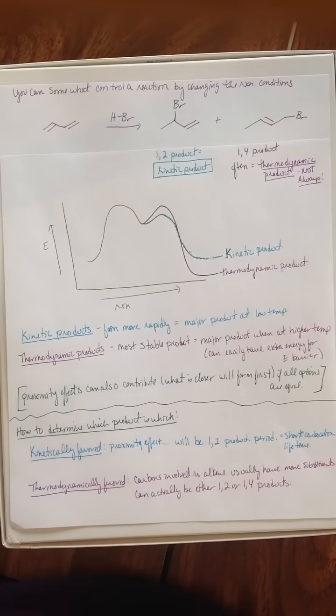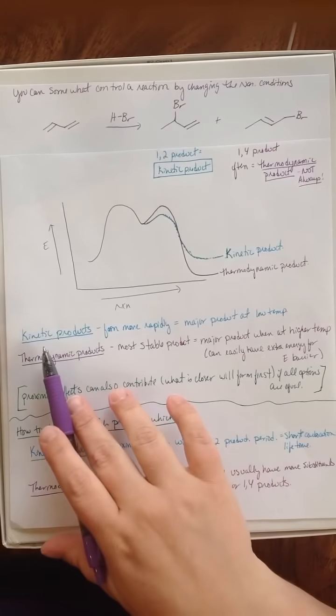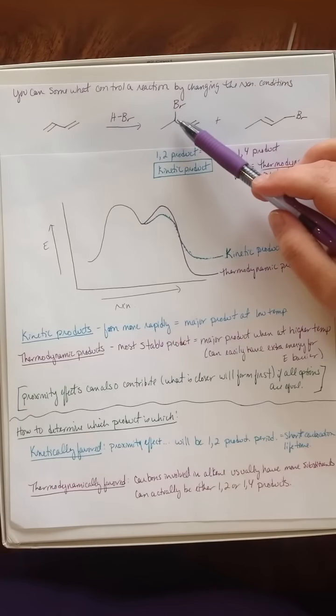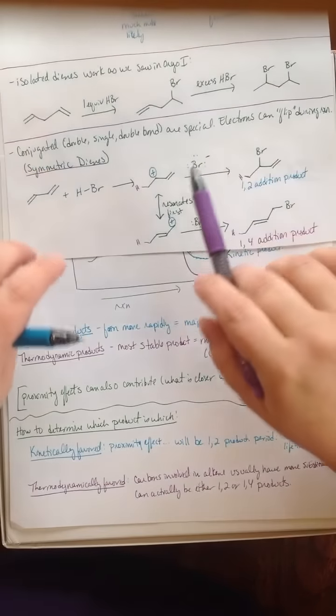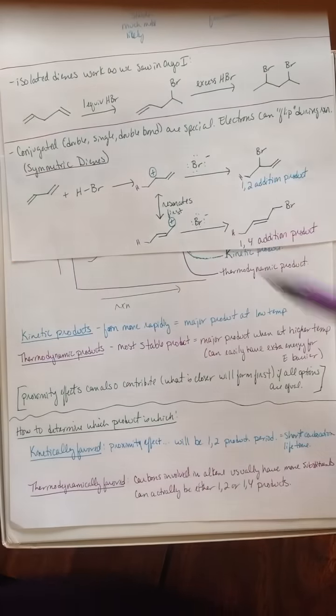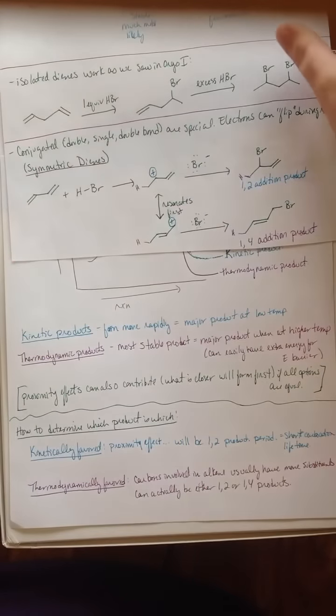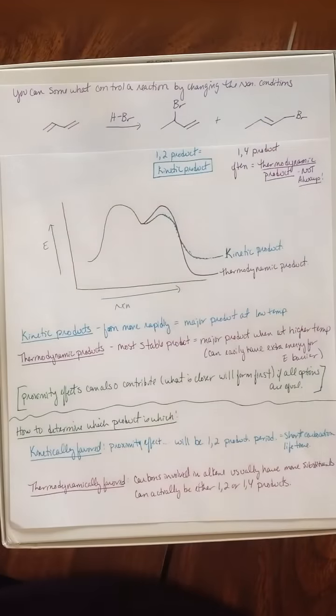So we can actually control this reaction, at least in large part, solely based on temperature. What you're trying to get the kinetic product to do is make the carbocation and react really fast. Well, that means that you've got to lower the temperature, and I mean really low, like -78 type of thing.